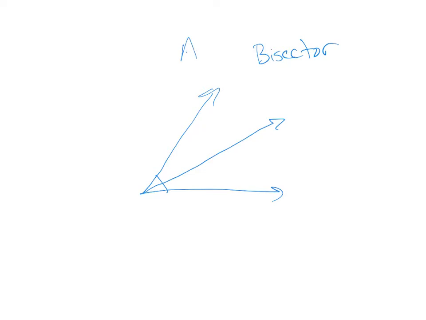If you have an angle, you can have what we call an angle bisector. And just like you would imagine that we've seen this word before, this bisector word, well, this is an angle bisector. So what does it do? Well, it cuts the angle in half.